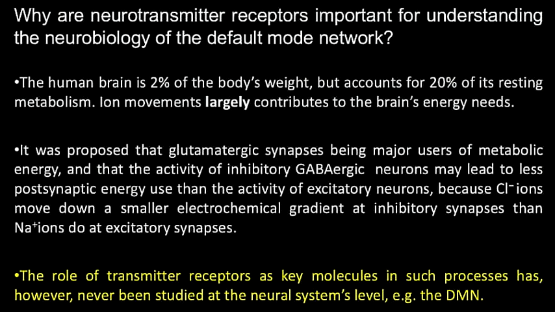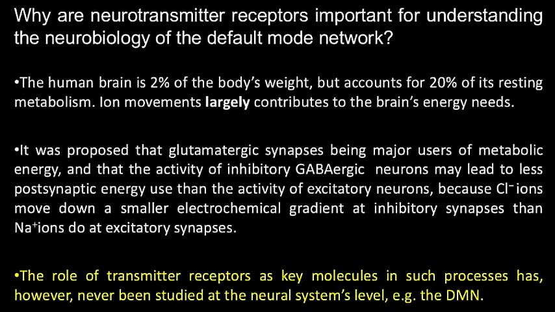And we know a lot about the metabolism of the default mode network and how this network behaves during task-related stimulation or during resting state. But we do not know why. What is the underlying molecular mechanism?